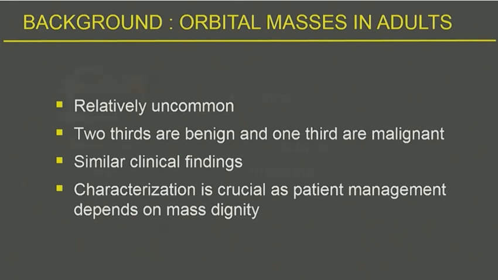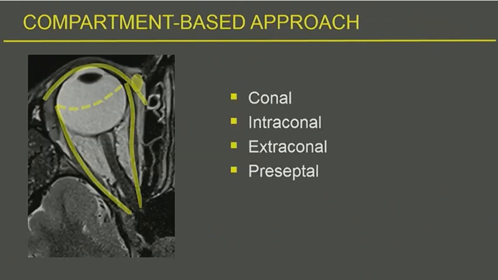In order to make a meaningful differential diagnosis, you have to be familiar with the compartment-based approach of the orbit. The extraocular muscles form the cone, and this muscle cone divides the orbit into an intraconal and an extraconal compartment.